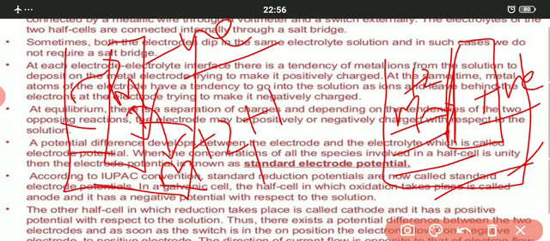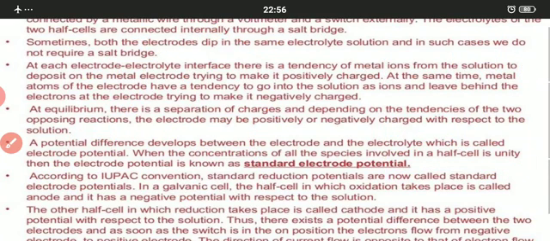So here oxidation takes place. On one electrode, metal ions deposit and make it positively charged, while on another electrode, metal from the electrode tries to go into the electrolyte solution and makes the electrode negatively charged.